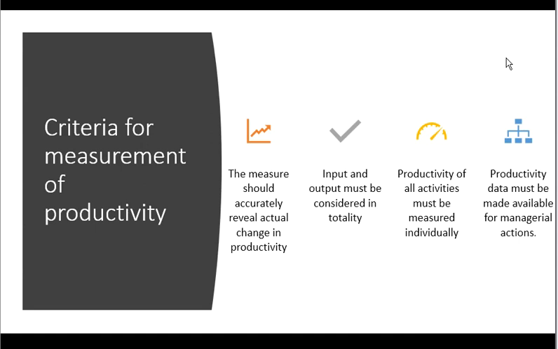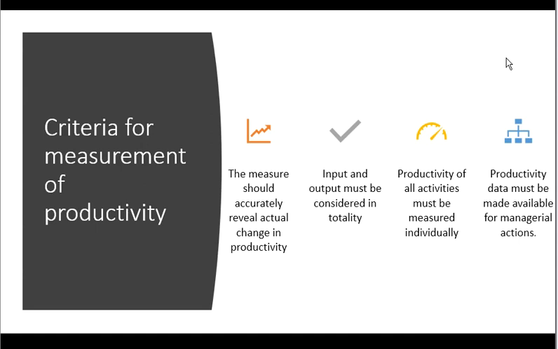Like today you measure the ratio of output and input, and after 15 days you accurately measure again the output and input, and if your output by input ratio has increased, then you can identify how much actual change has happened in our plant, and you can see the continuous improvement by measuring the productivity.